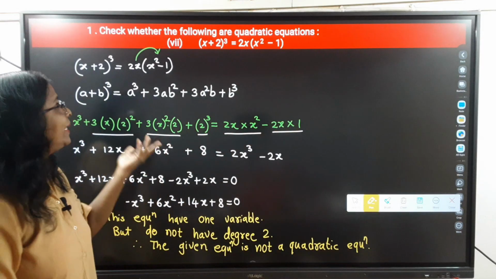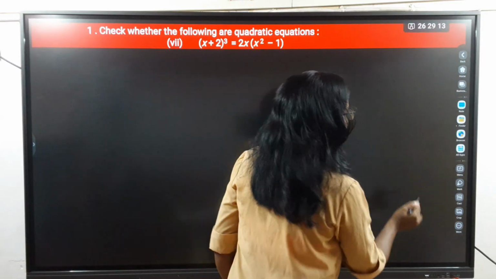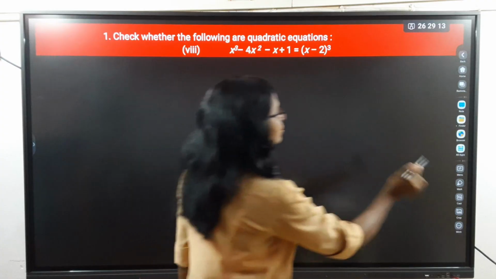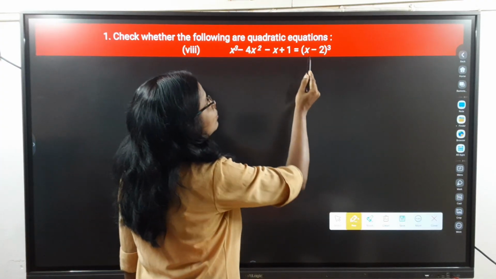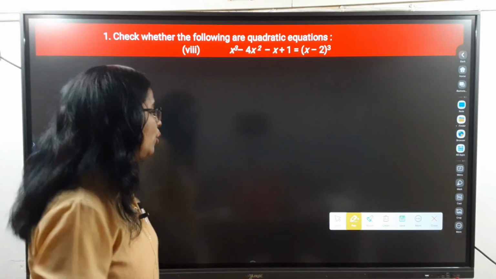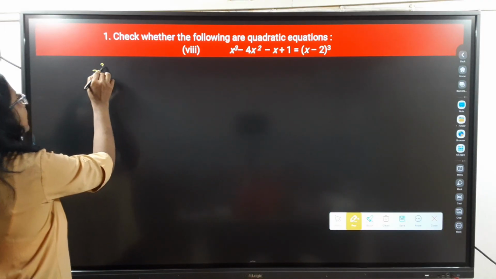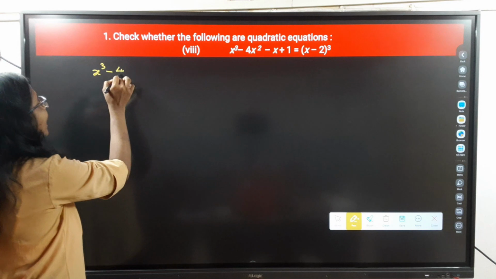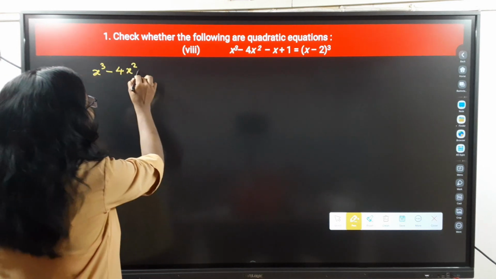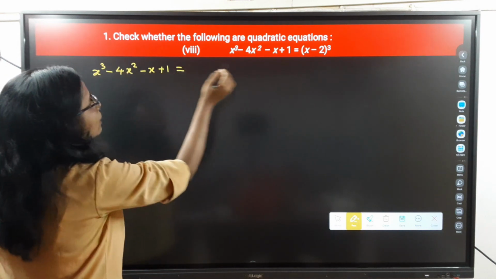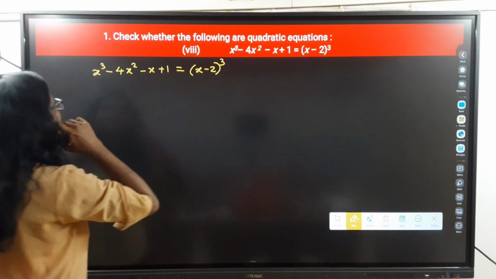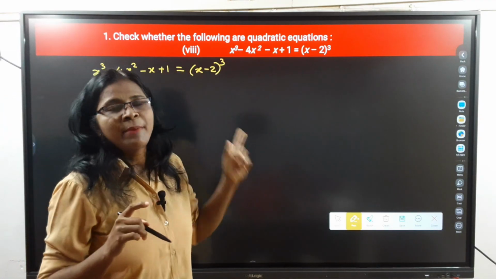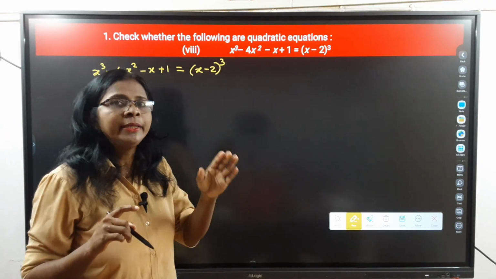Okay students, then the next example is x cube minus 4x square minus x plus 1 is equal to (x minus 2) whole cube. So I write down the equation as it is. Here we can use the expansion of (a minus b) whole cube.